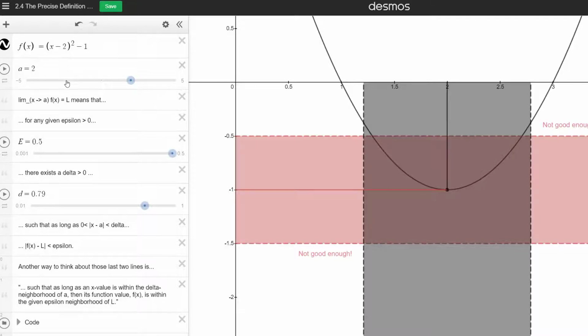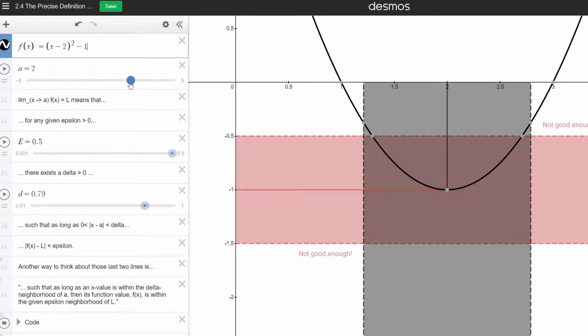So here is my actual precise definition of a limit applet in Desmos. And you can see that I'm not actually dealing with the square root function, for a very specific reason here. It's the same style of function though. The argument is still x minus 2, and it's still subtracting 1 on the outside, just like the problem we were just presented with, the square root of x minus 2 and then minus 1.